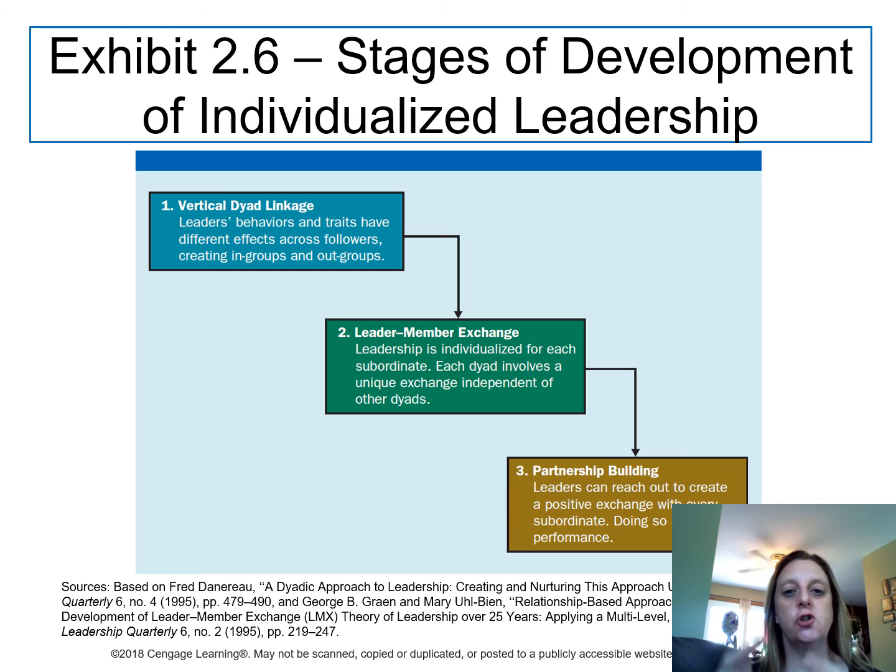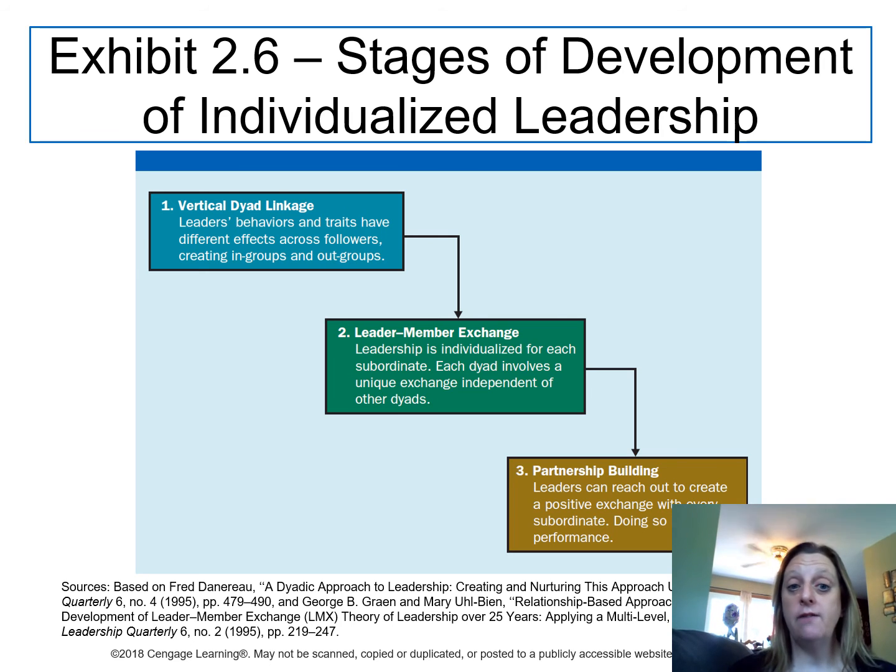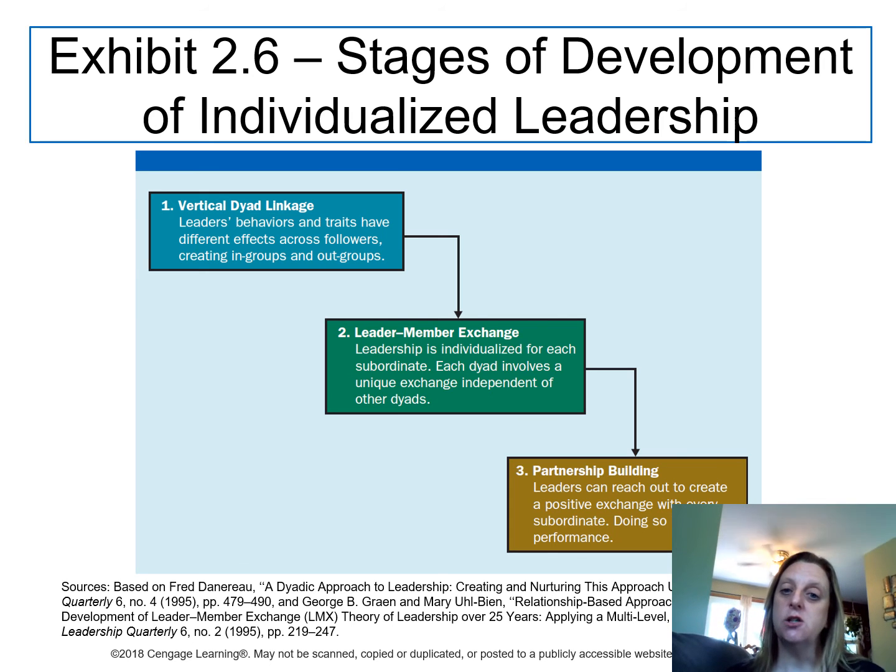So traditional trait theories of leadership and behavioral models of leadership assume that a leader adopts a general leadership style that's used with everyone, with all group members, right? And a more recent approach to leadership behavior, this individualized leadership, looks instead at the specific relationship between a leader and each individual follower.